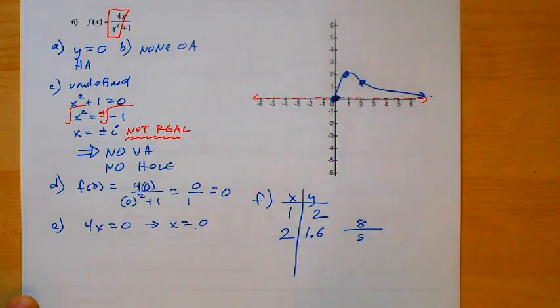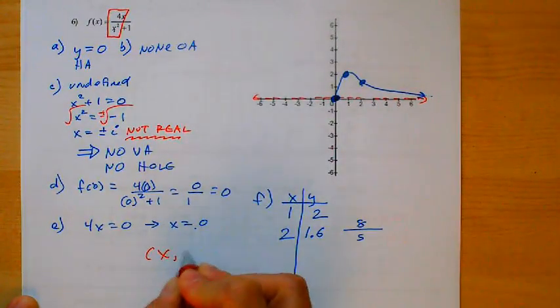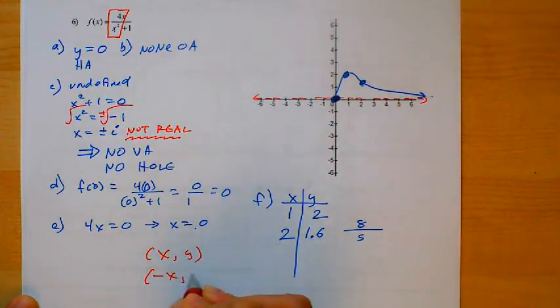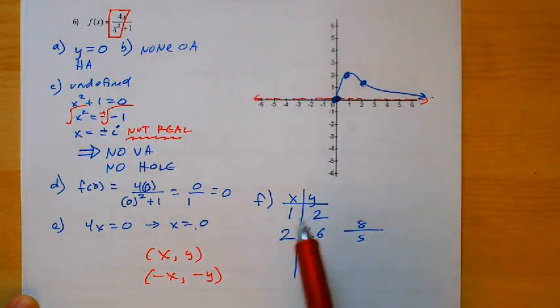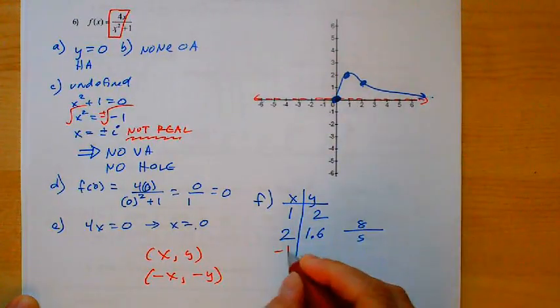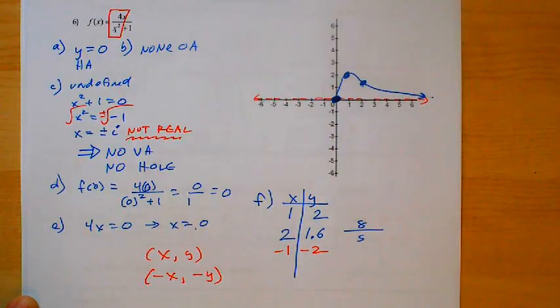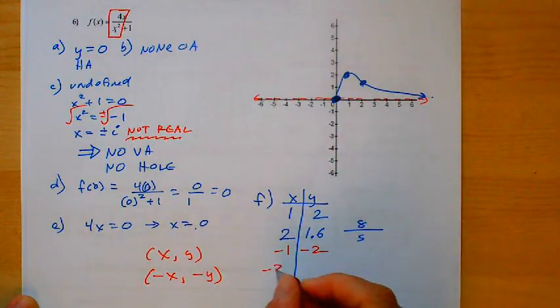Okay. Well, again, remember for an odd function, and you don't have to do this, but it can just save you some time. If I know 1, 2 is on the graph, without computing, so is 1, negative 2. If you want to compute it, go ahead. And I know if 2 comma 1.6 is on the graph, so is negative 2, negative 1.6.